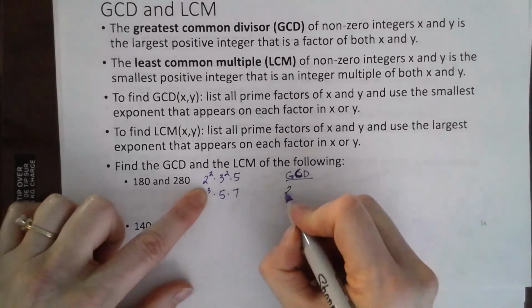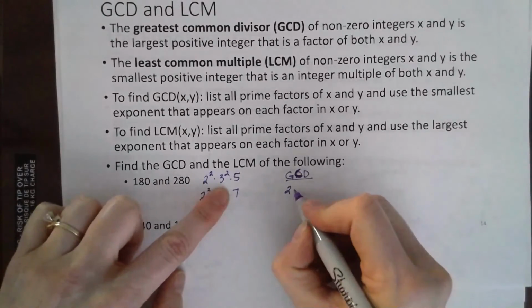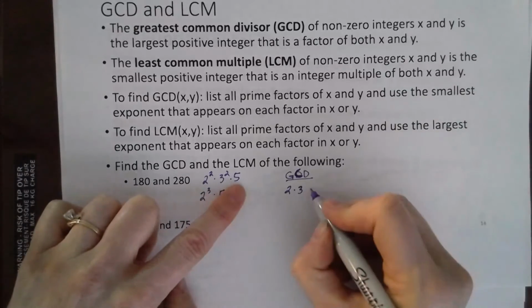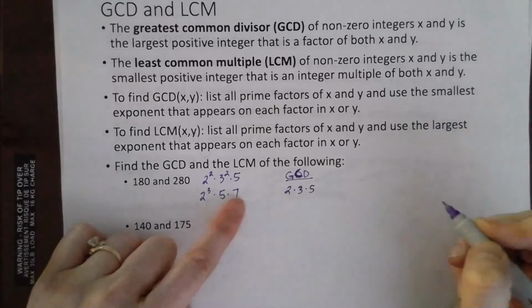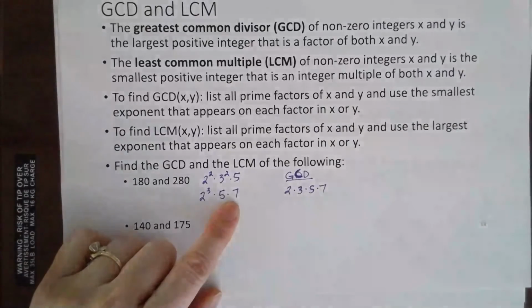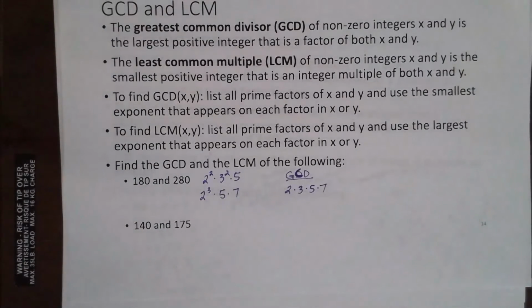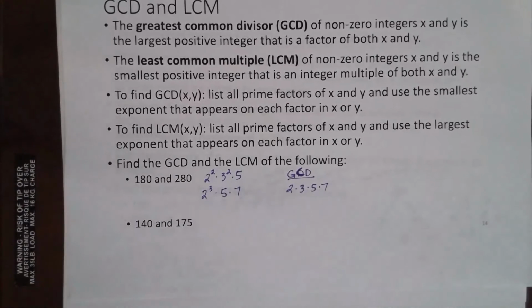So 2 appears, 3 appears, 5 appears, and 7. Those are all of the factors that appear in the prime factorizations of these two numbers.